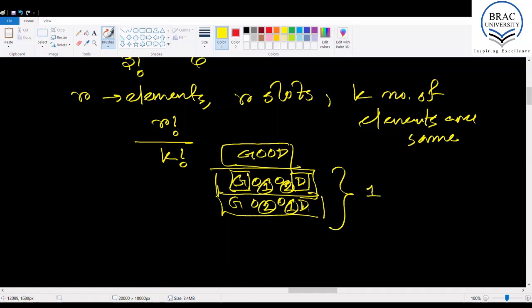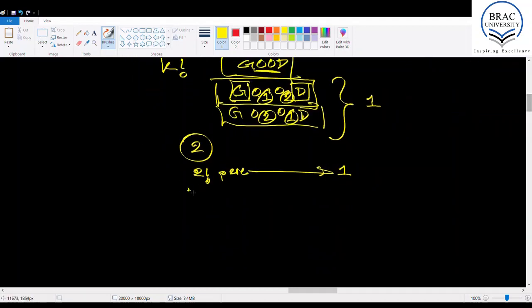So from where did we get these 2? Because there are 2 same elements. So each 2 factorial permutations refer to 1 permutation. So if there are k number of same elements, k factorial different permutations will refer to 1 permutation.